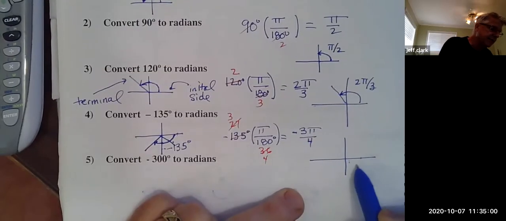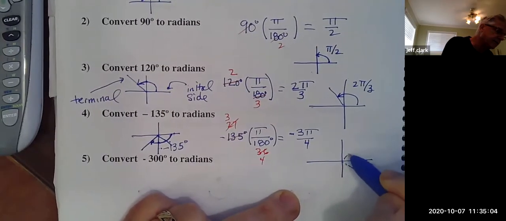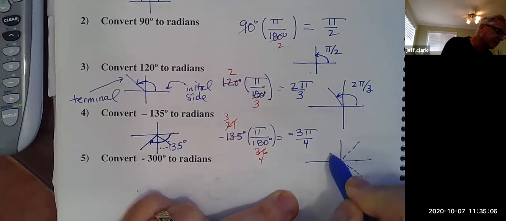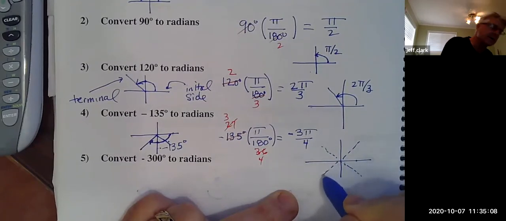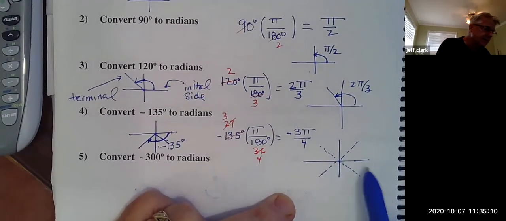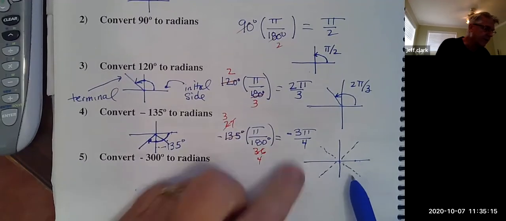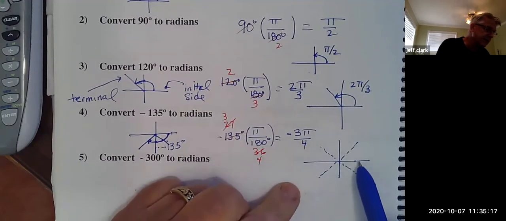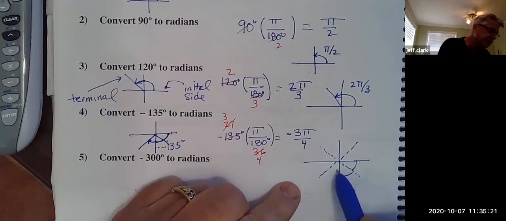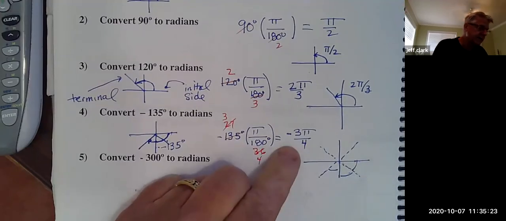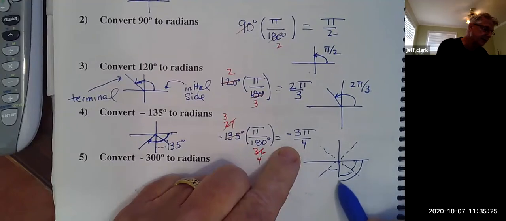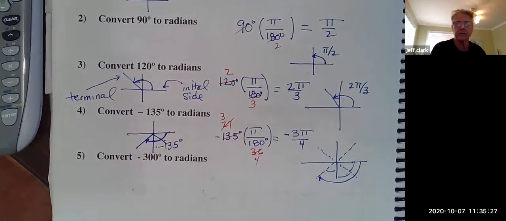So if this is a pi over 2, each one of these is pi over 4. So this is a pi over 4, and that's a pi over 4, and so on. If I wanted 3 pi over 4s, there's 1, here's 2, there's 3, and it's negative, so it's going to go this direction, negative 3 pi over 4.